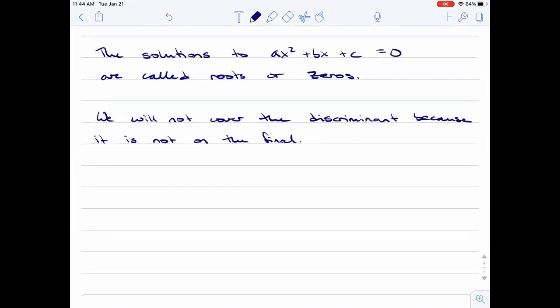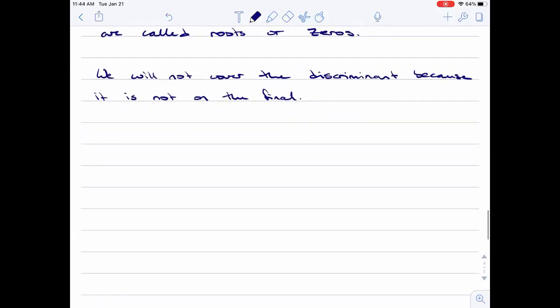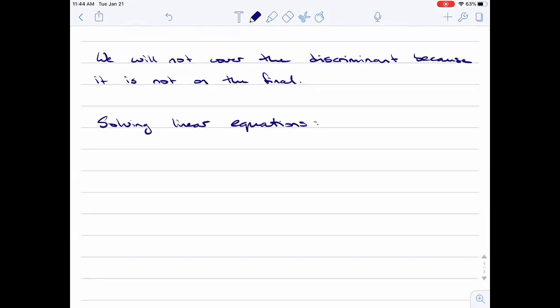So a linear equation is just a straight line. Remember y equals mx plus b. M is the slope, b is the intercept, the y-intercept. So we can solve linear equations just like we solved quadratic equations just now. Solving linear equations is when you have something like y equals mx plus b.